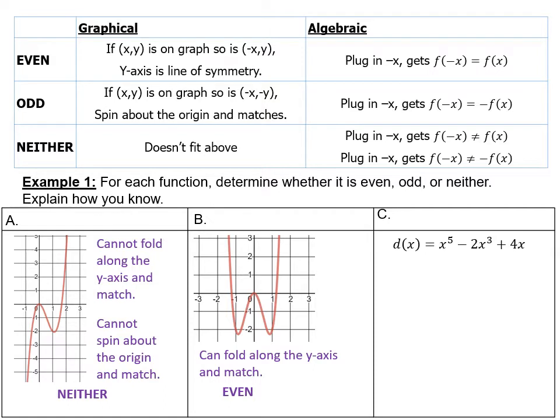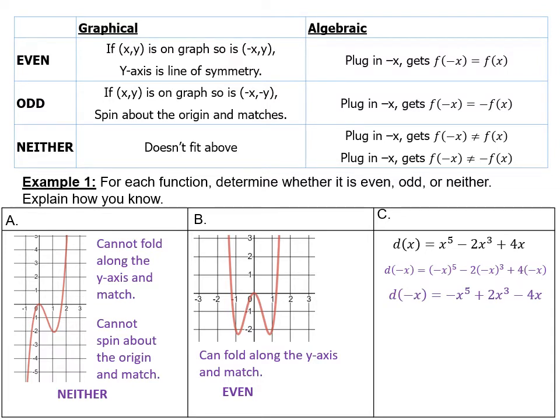Now C, it's the function without the graph, so I have to do it algebraically. So we plug in negative x for all the x's, and negative x to the 5th power is going to be negative x to the 5th power. Negative x to the 3rd turns that into negative 2 times negative x to the 3rd, so that gets us plus 2x to the 3rd. And then the last is just minus 4x.